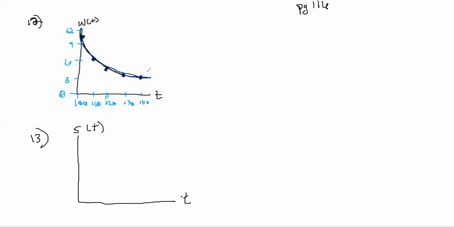Okay, so we start by saying, what is the first derivative? Well, we know that this is decreasing, so w prime of t is going to be, I'm just going to erase this.